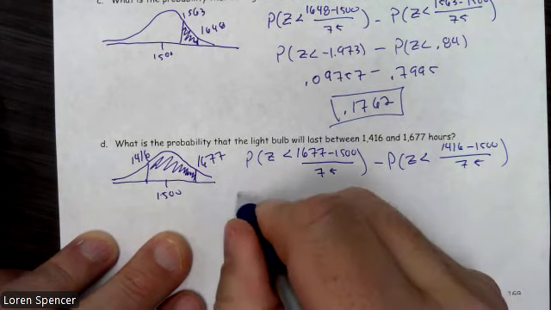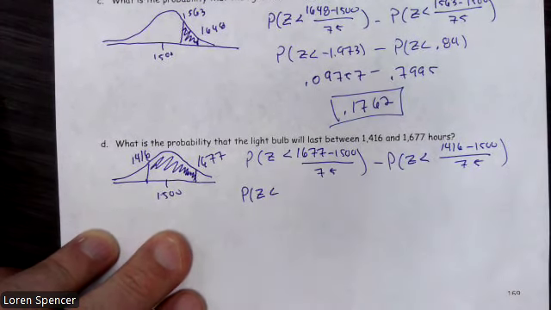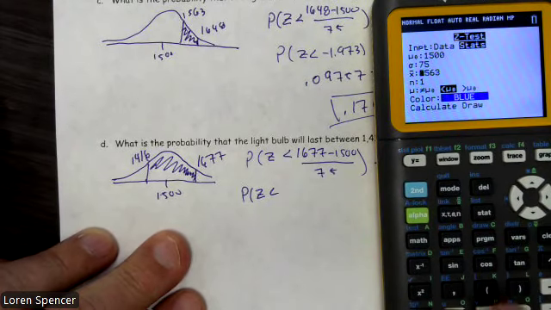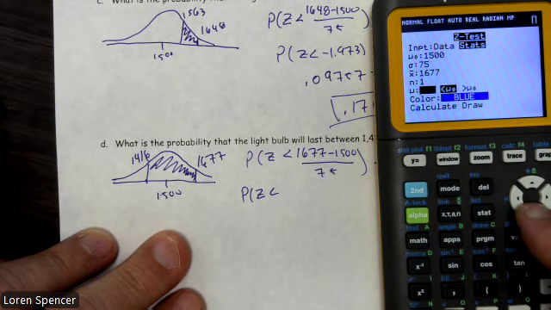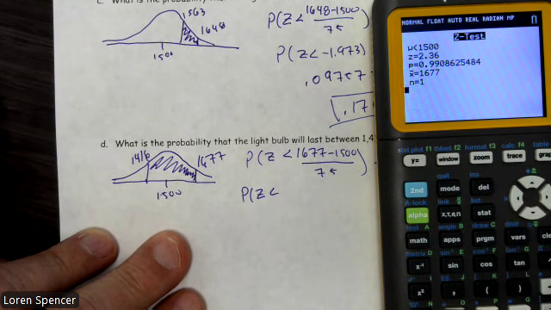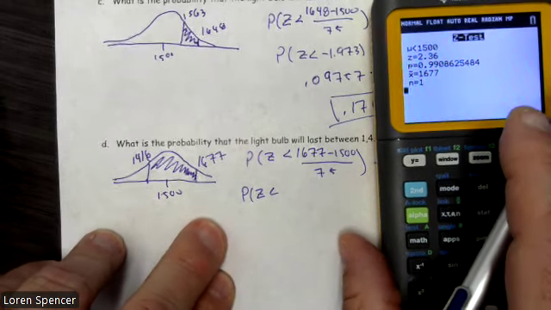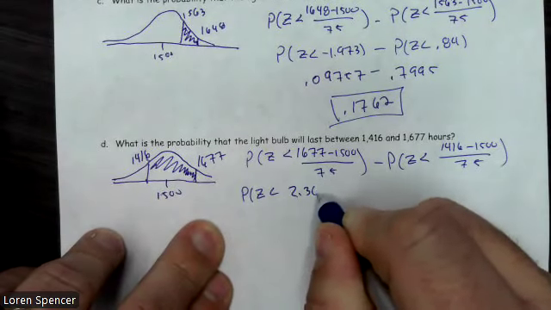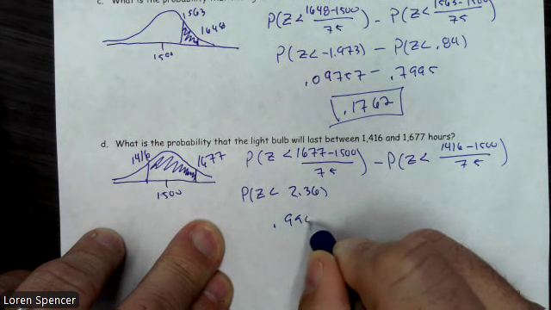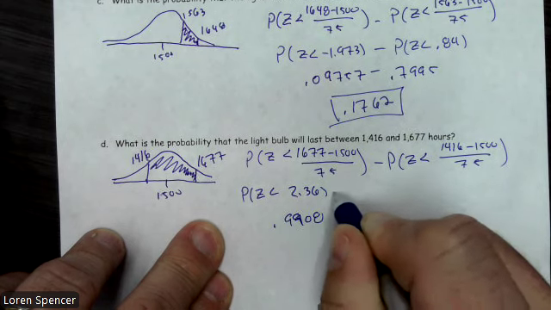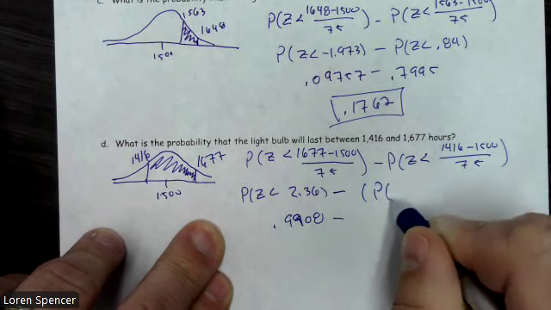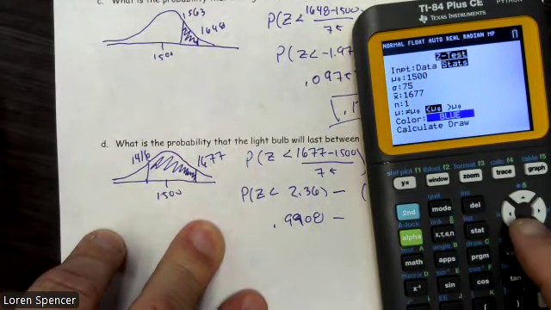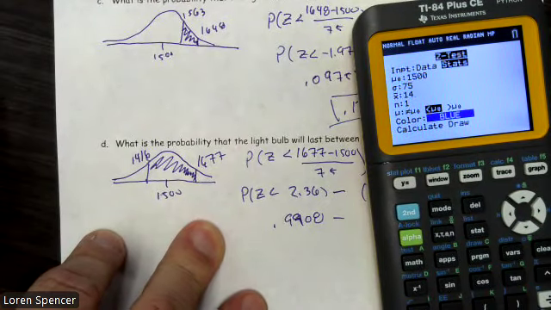So let's do the upper one: stat test, Z test, 1500, changing that to 1677. And we end up with 0.9908 and a Z score of 2.36. Probability that Z is less than 2.36 is 0.9908, minus the probability that Z is less than, and we'll change that, stat test, Z test, 1416.